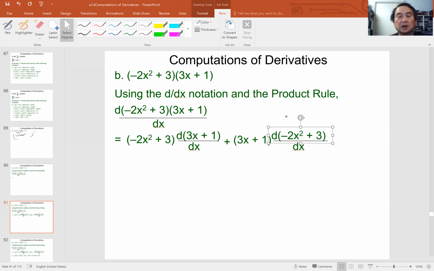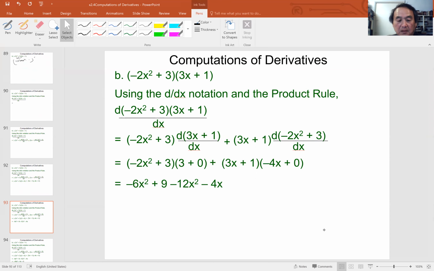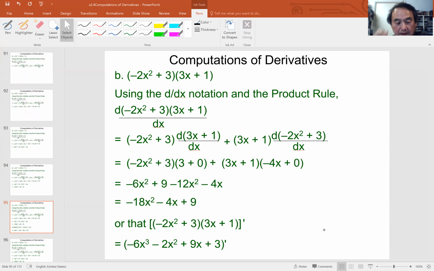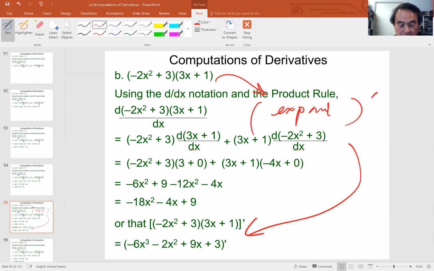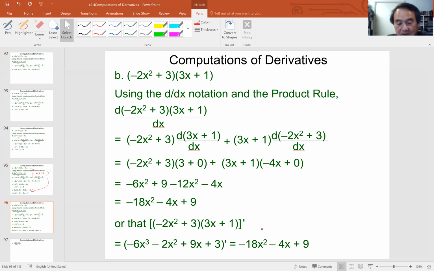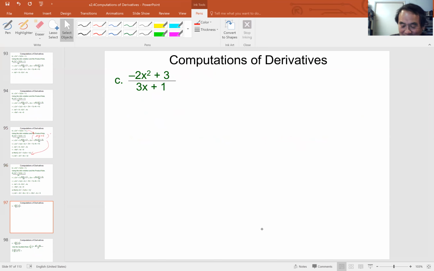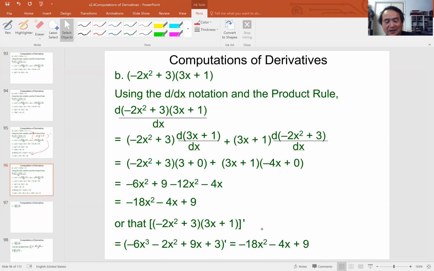It doesn't matter which you do first because it's a plus. Clean it up. Check that if you multiply these out first, expand, and then take the derivative, you end up with exactly the same answer. I did it for you.